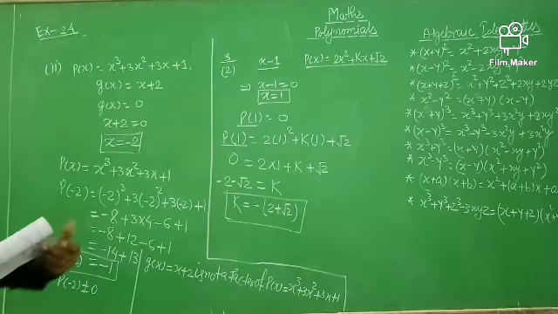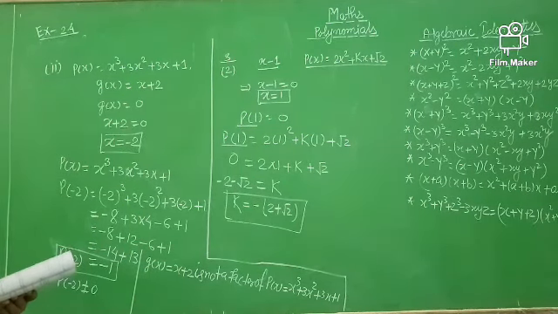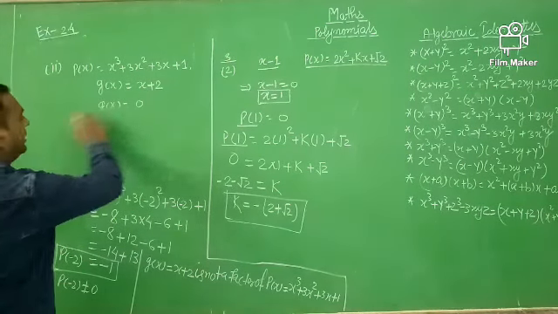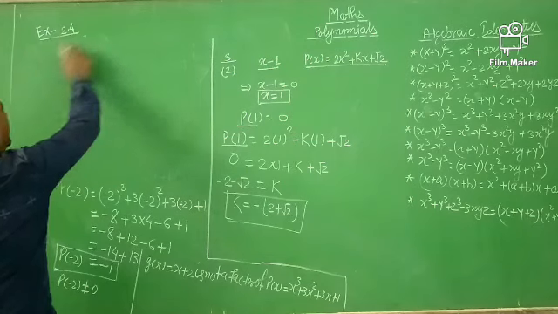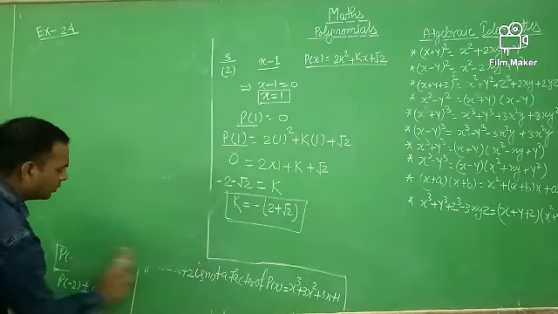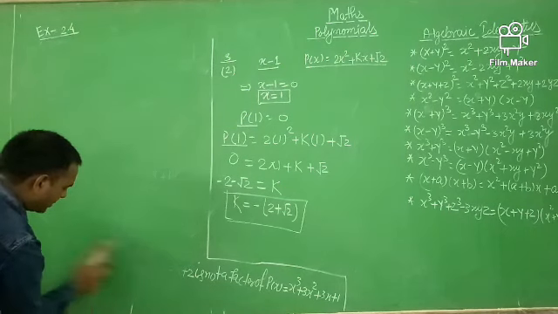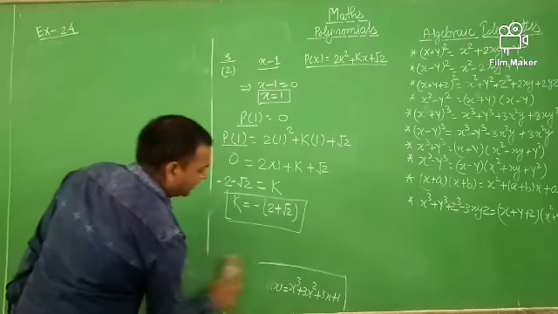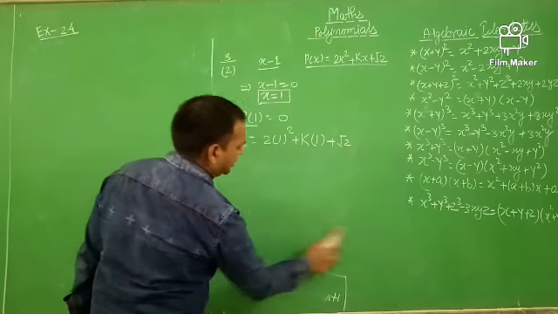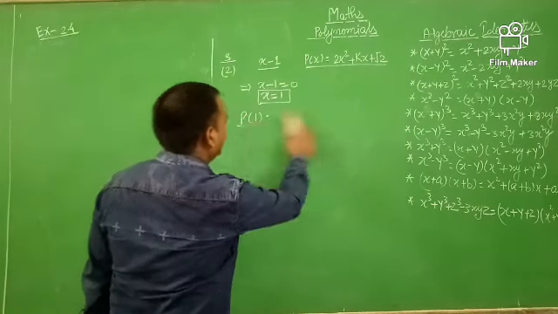Next question, factorization. How can you factorize? Suppose you have a quadratic equation or quadratic polynomial. If you have a quadratic polynomial, then you apply the splitting method of factorization, splitting the middle term.